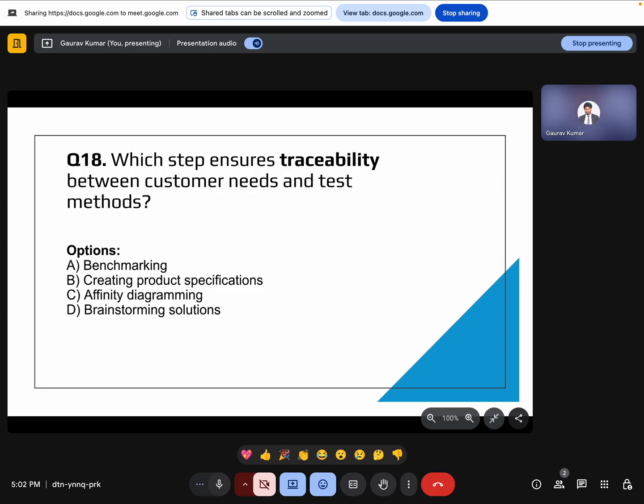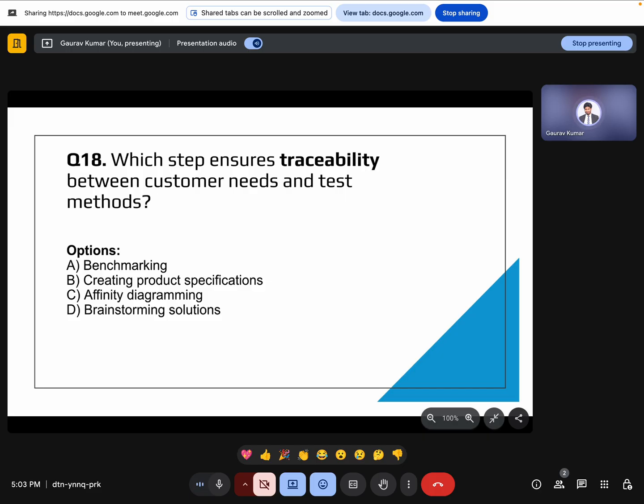Traceability means we can follow a line from what the customer said to how it is tested in a lab. The step that creates this link is specifications. The correct answer is product specifications. They connect the need, the metric, the target, and the test method.